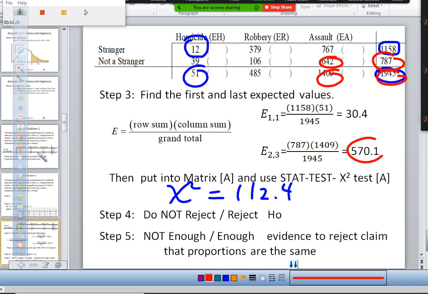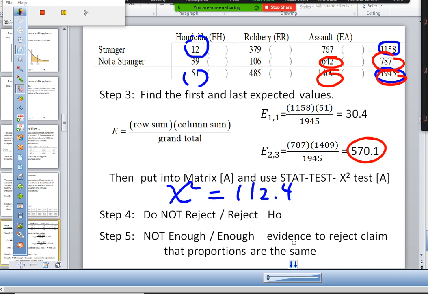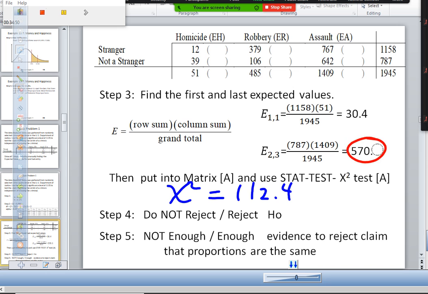And then your chi-squared was 112. Hopefully, because you put this data into matrix A, you got chi-squared is 112, which means that if you look back, that's totally in the rejection region, right?